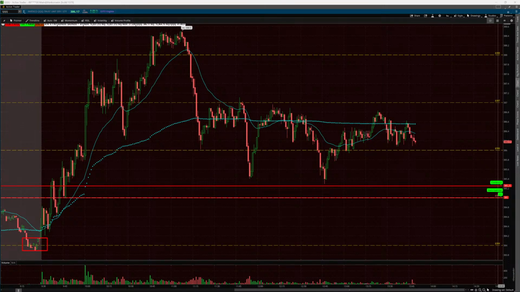All right, that's QQQ. And for QQQ, the volatility trigger shifted lower, just like SPY, and also the absolute gamma strike shifted lower to 385. So there's the absolute gamma strike for QQQ.